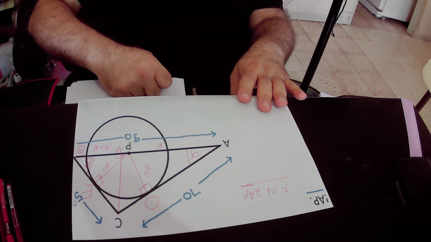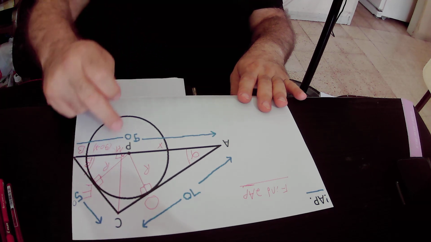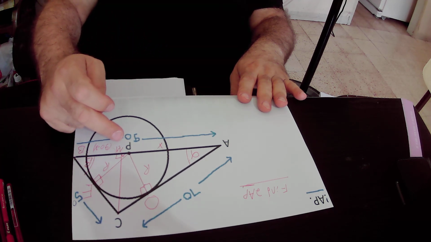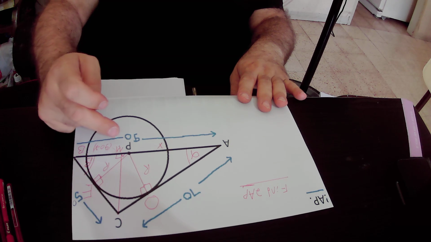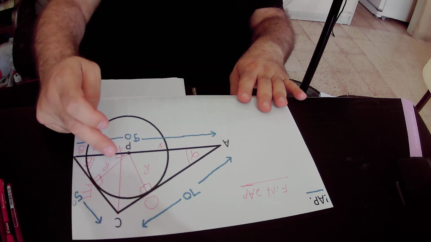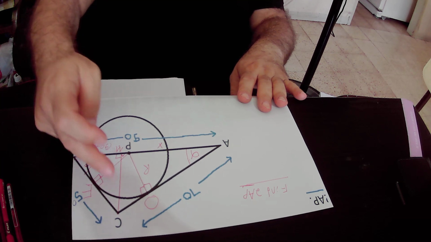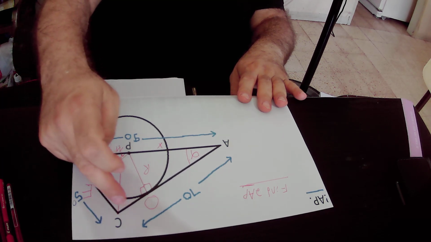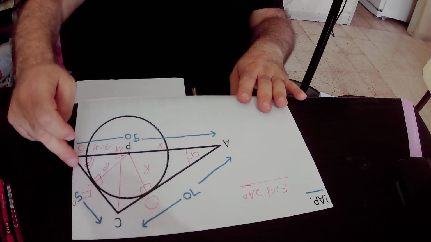Okay, and for the same reason, according to the rule that I mentioned, radius PE is perpendicular to the tangent CB to the circle.